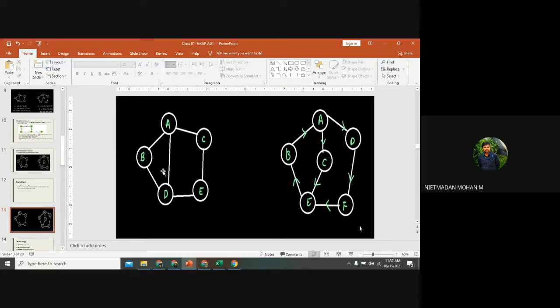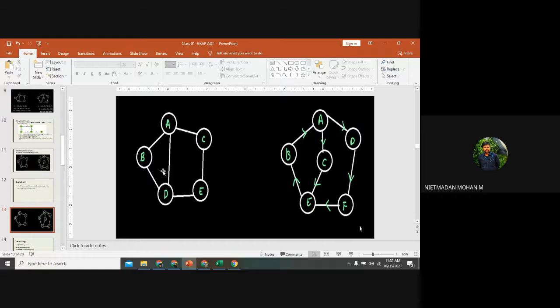What is the left side of the image? Undirected. If I want to travel from A to A, is it possible? ABDA is possible, or AD and ECA; however it can be traversed in an undirected graph.